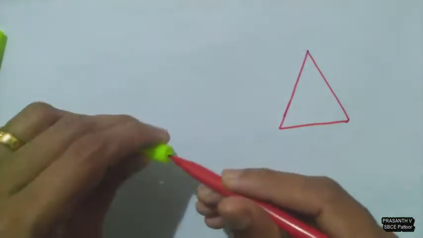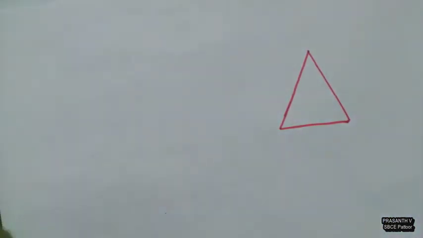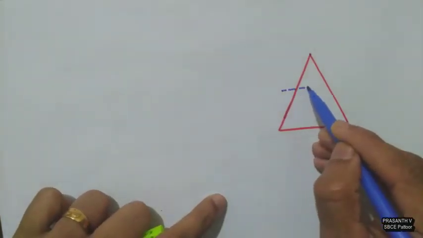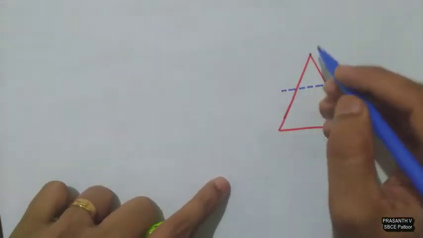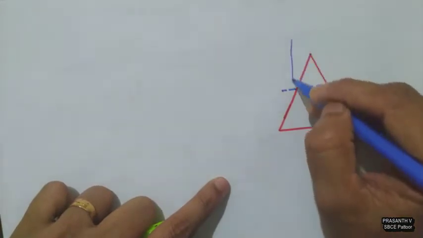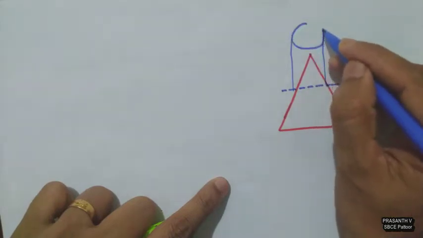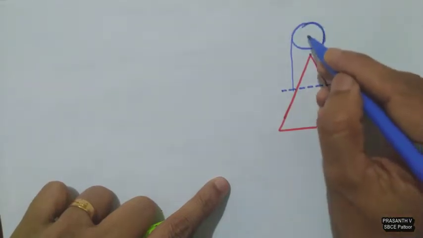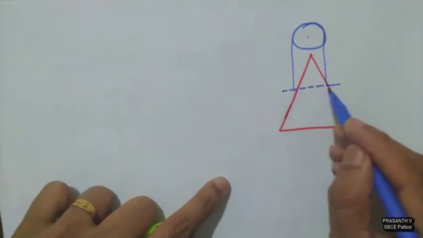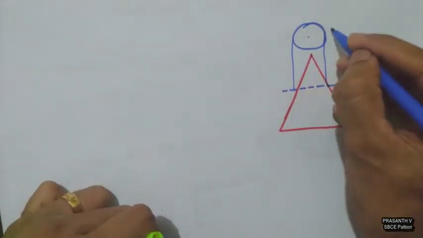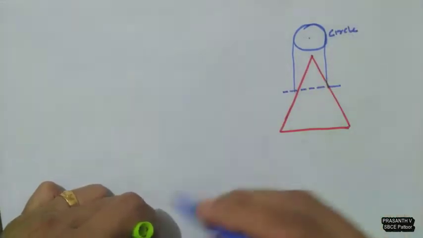So if I cut the cone with a section plane which is parallel to the base, the section obtained here will be a perfect circle. You will get the section as a perfect circle if you cut a section plane parallel to the base. So I will write this is circle.